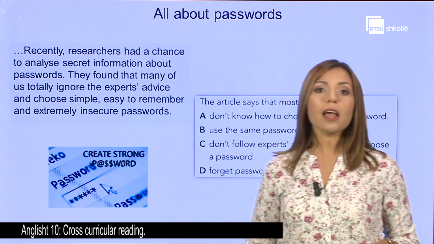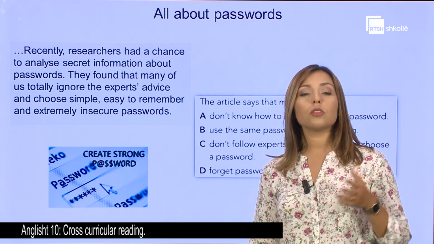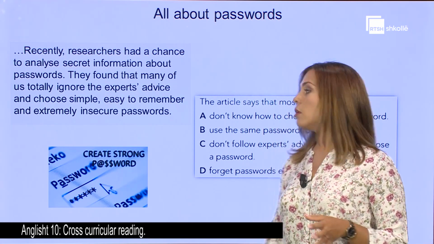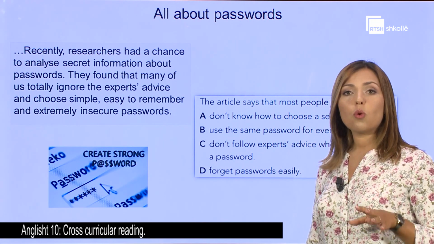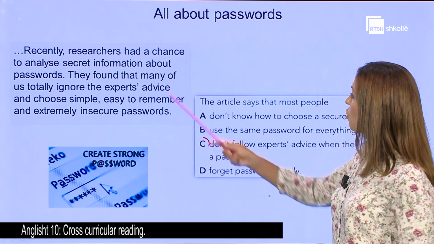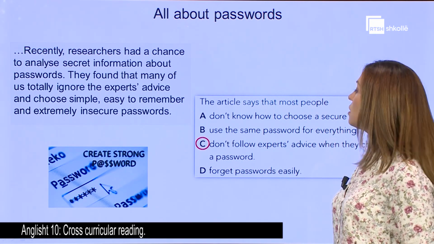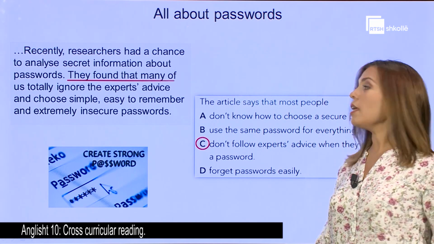Again, the answer is not what we believe or what we think is right or wrong. All of them could be right, but what the text says, where the text focuses. So, of course, from the information in the text, they don't follow the expert's advice. And why is that?